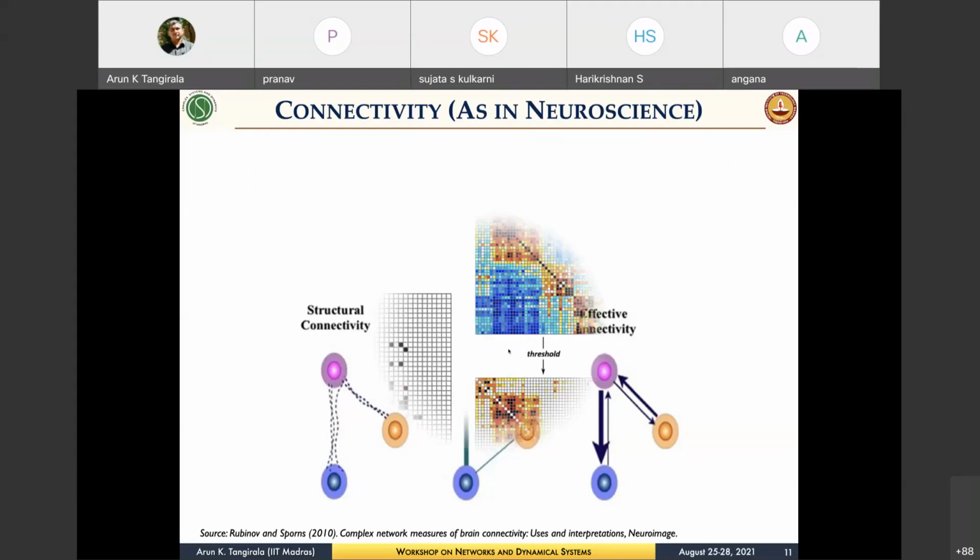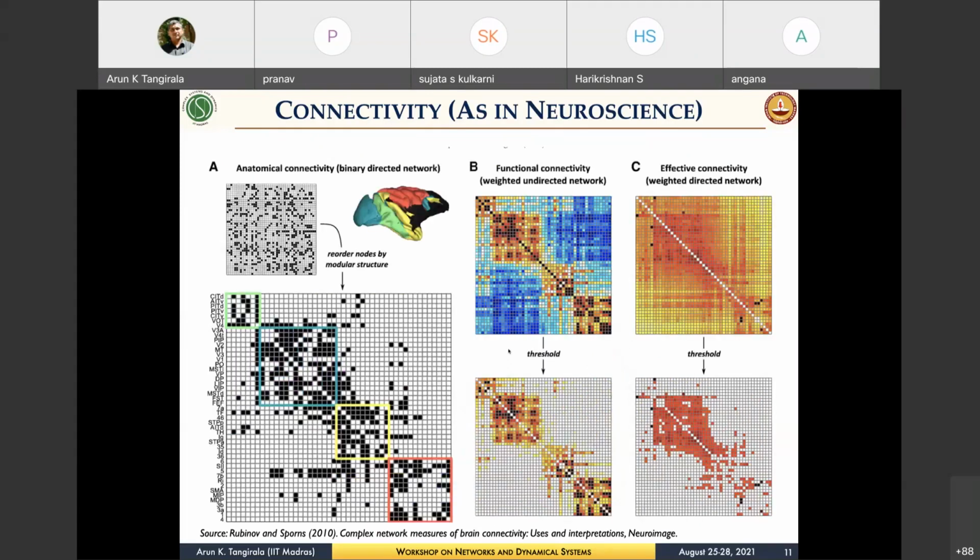So to give you a picture, which I have borrowed from the source mentioned below here. Here you have what is known as anatomical connectivity, which is just a binary directed kind of network, yes or no, whether it's connected or not. And then you have functional connectivity, as I said, which is a weighted, undirected network constructed from data.